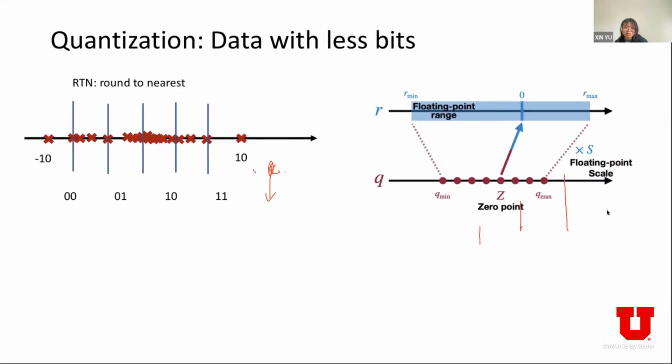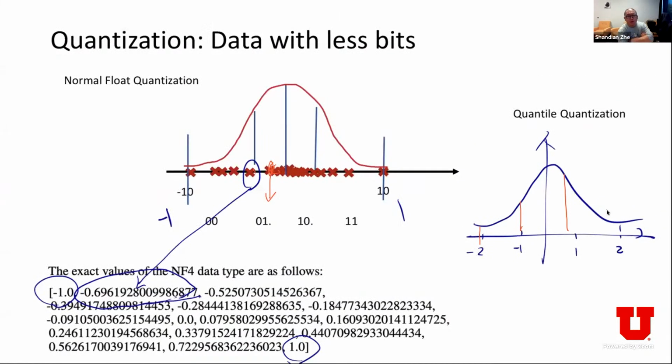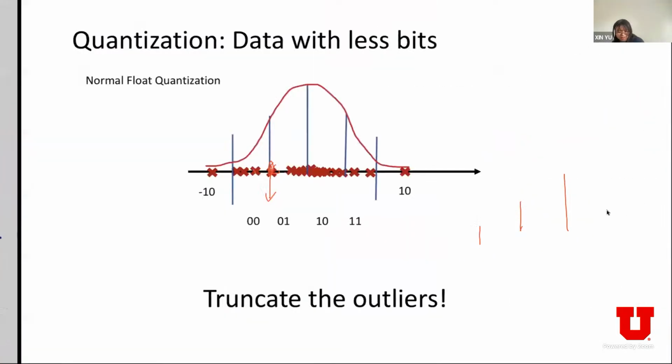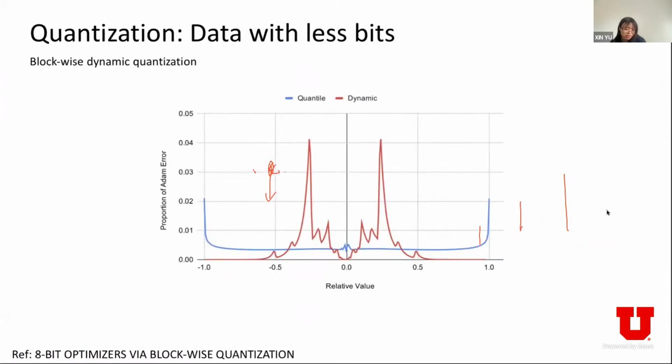Okay, so move to the next slide, which you were currently talking about. For this one, what's the benefit of doing quantile based quantization? So here is the error distribution.